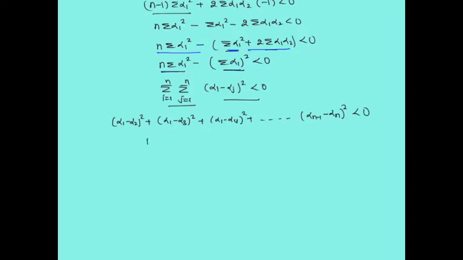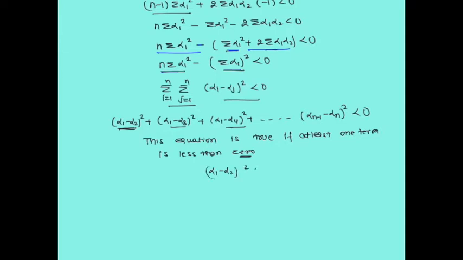We can say this equation is true if at least one term is less than 0. So any one term should be less than 0. Suppose this term is less than 0. So alpha 1 minus alpha 2 whole square is less than 0, so alpha 1 minus alpha 2 must be imaginary.